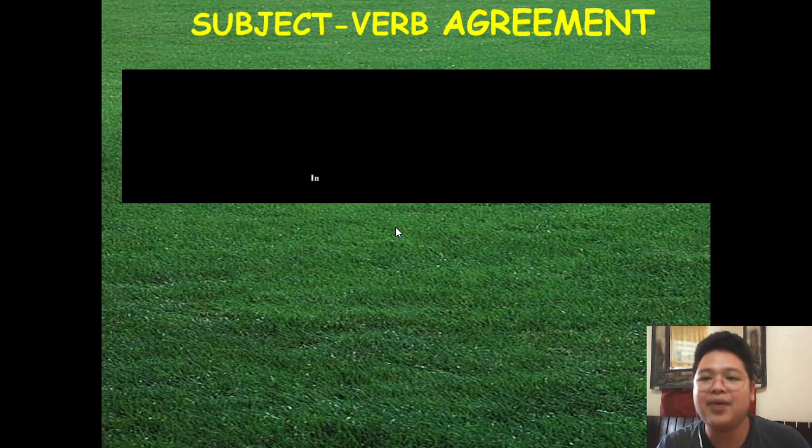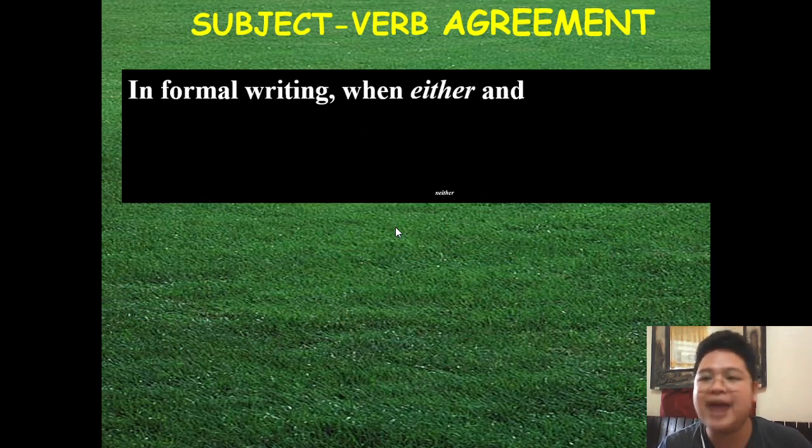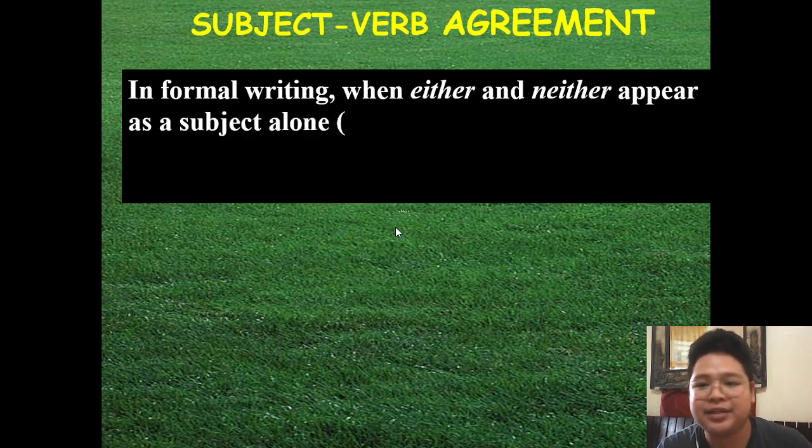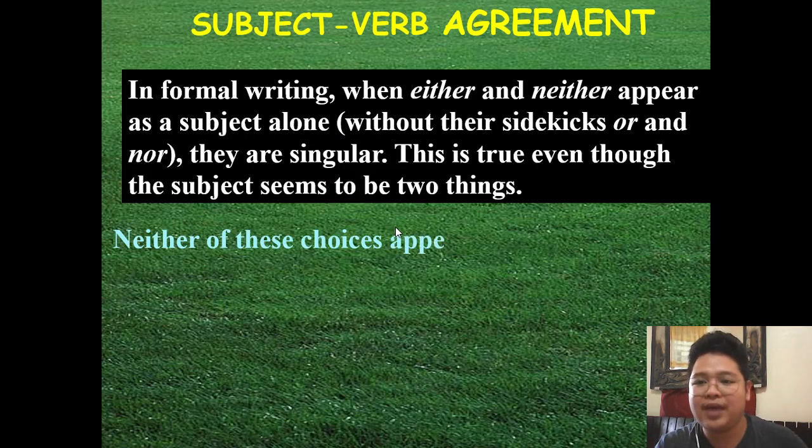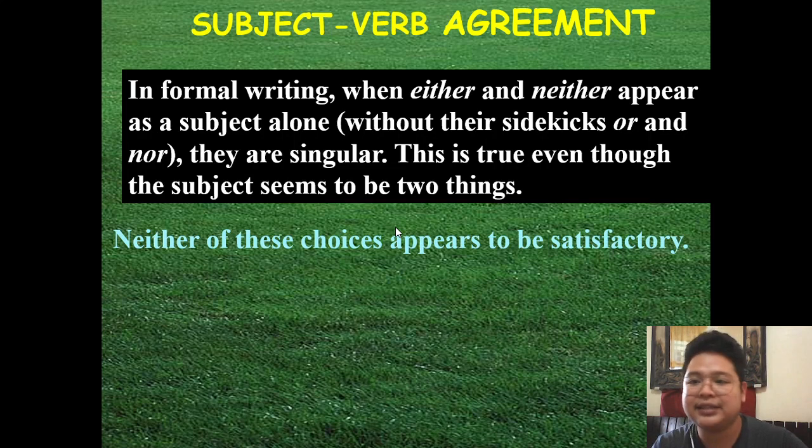In formal writing, when either and neither appear as a subject alone, without their sidekicks or and nor, they are singular. This is true even though the subject seems to be two things. Neither of these choices appears to be satisfactory.